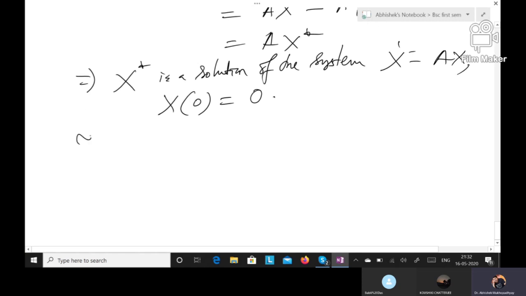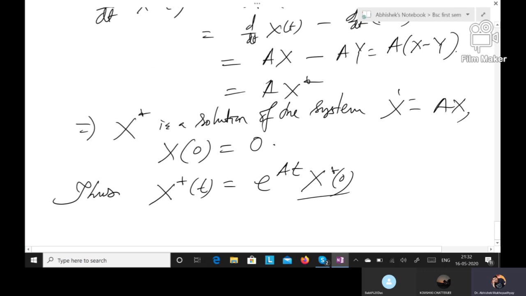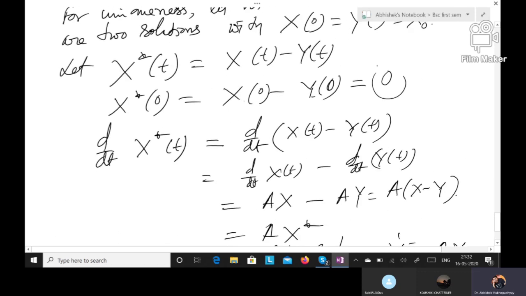And thus X star t will be e to the power At X star 0. Now what is X star 0? Now X star 0 is 0.